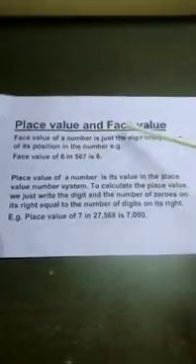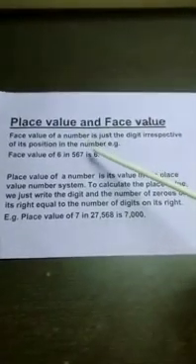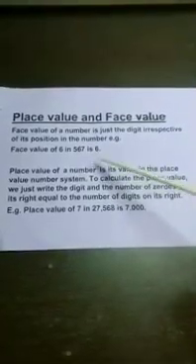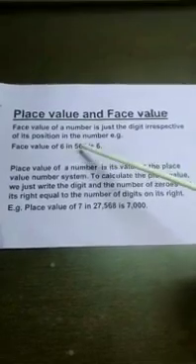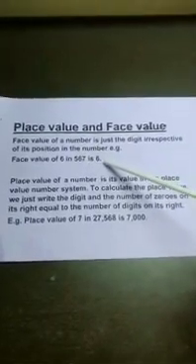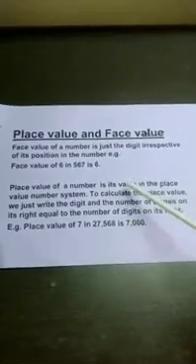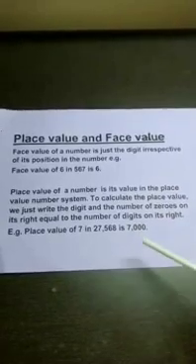You are already aware of place value and face value of a number. Face value of a number is just the number itself, irrespective of its position in the number. Look at this number, 567. The face value of 6 is just 6. But in place value, we find the value of the number in the place value number system.